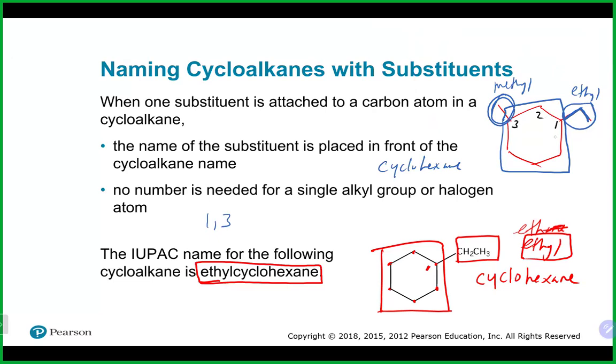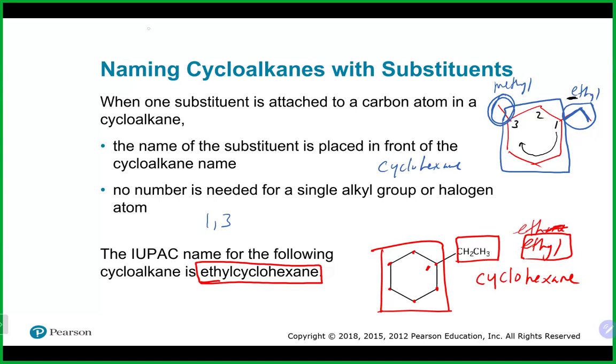Again, if you went this way, you're definitely more than 1 and 3, right? Now, the reason I might want to number starting with the ethyl versus the methyl in this case is, why do you think? Alphabetical, right? So this guy's going to come first in this particular case. So you might want to give them the smaller number since you do have that sort of option. So I'm going to go that way.